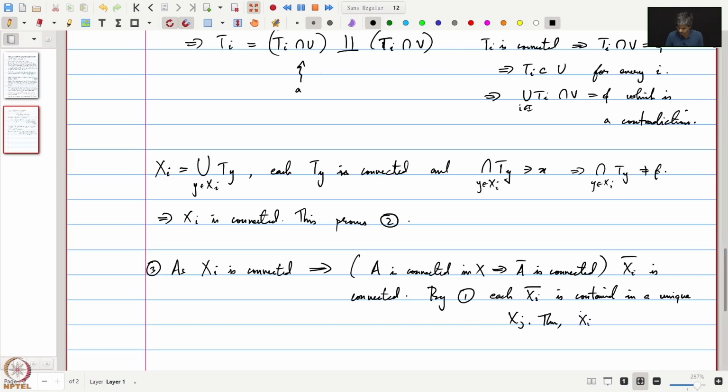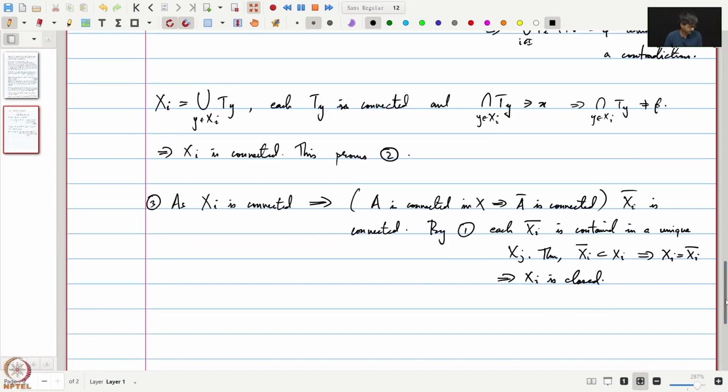Thus, Xi closure is contained in Xi, which implies that Xi is equal to Xi closure. So this implies that Xi is closed. Okay, so this completes the proof of the proposition.